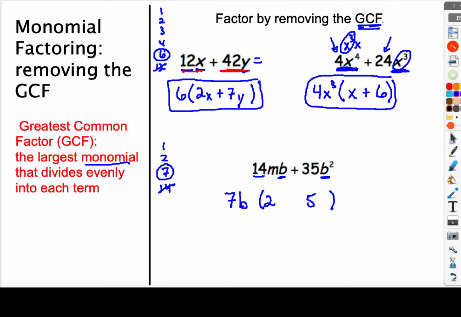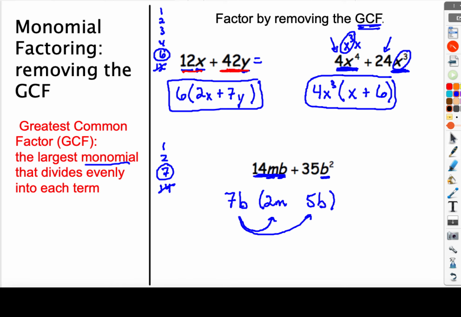Again, 14 divided by 7, or 2 times 7, I've got the 14 handled. I need the m, but there wasn't an m in the second term, so I need to leave that inside the parentheses. 7b times 2m would be 14mb, though. I know I've got that handled. Again, 7 times 5 is 35. I took out one of the b's, so I've got that b squared.